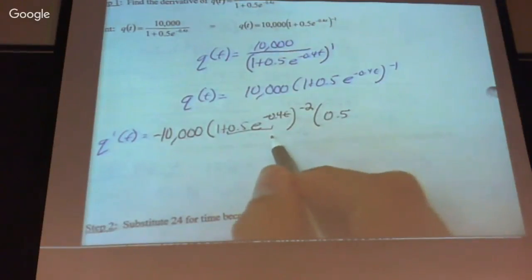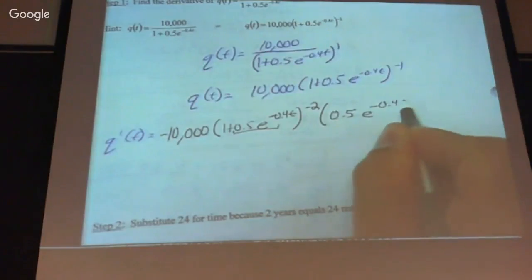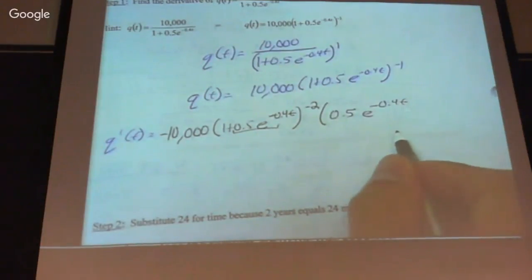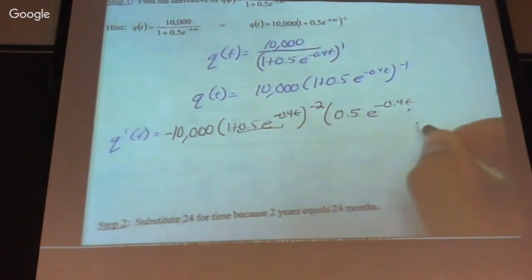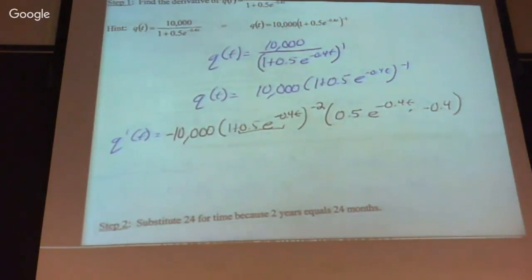How do you take a derivative of an e? Rewrite it, step 1. What's next? Derivative of the exponent, which is -0.4. Stop there, that's the derivative.